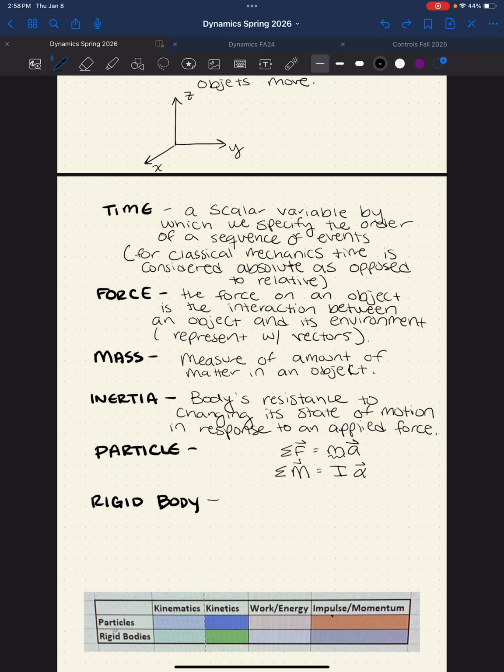So if mass were 1, if we just multiplied a value 1 times acceleration, we would essentially be saying that the sum of forces is equal to acceleration. They are absolutely equal to each other. And so if you think about mass as modifying that relationship by scaling it up or down.